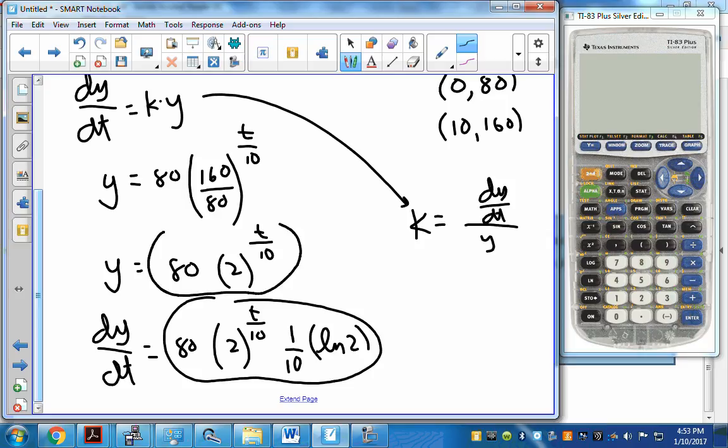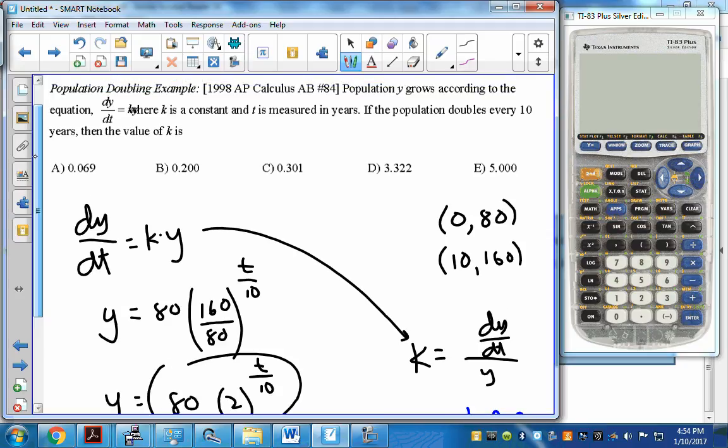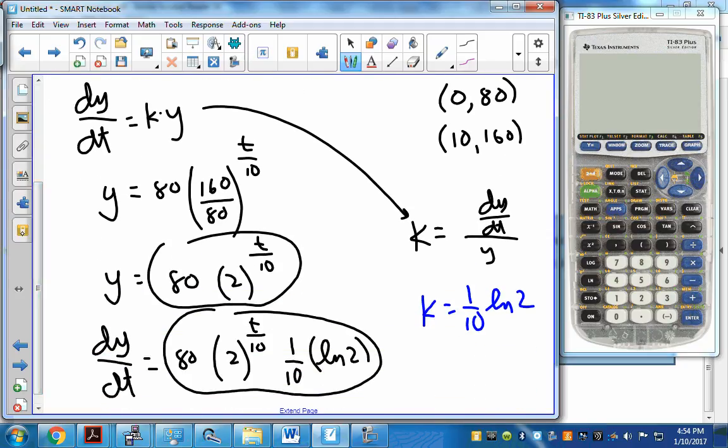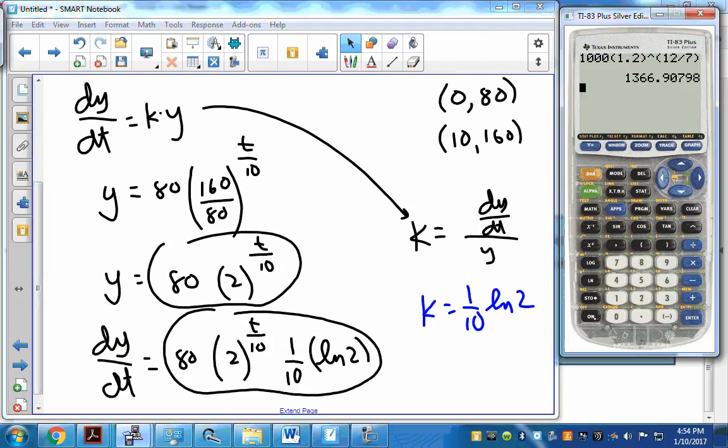So let's divide those out, put the derivative on top, and you'll get, let's see, the 80s cancel, the 2 to the T over 10s cancel, so we get K is 1/10 natural log of 2. And is that the choice? These are decimal problems, so let's see if we can clean this up. 0.1 natural log of 2. Okay, so 0.0693, 0.069.